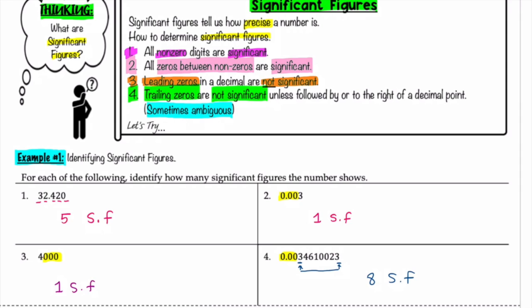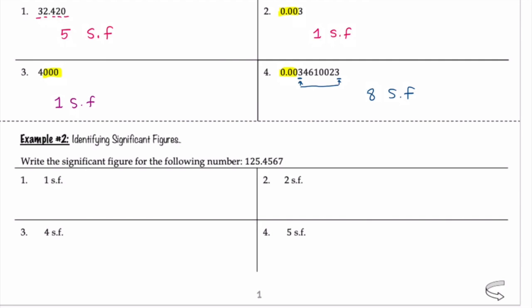Let's look at example 2. For example 2, we are going to identify significant figures. We're writing the significant figures for the following number. So our number has been given and we're working with that number. For number 1, we want one significant figure. So in that case, we would have 100.